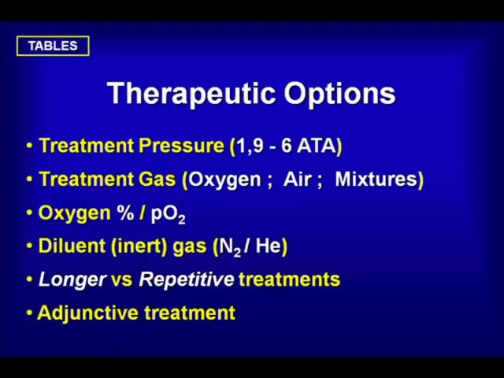Hydrogen has actually been used in certain cases, but this is relatively rare because it is a potentially very combustible mixture. Then there's the decision whether a longer single treatment or more repetitive treatments should be provided. And finally, there are the additional measures of hydration and medication that can be added and may also add to the therapeutic effect of the overall treatment plan.